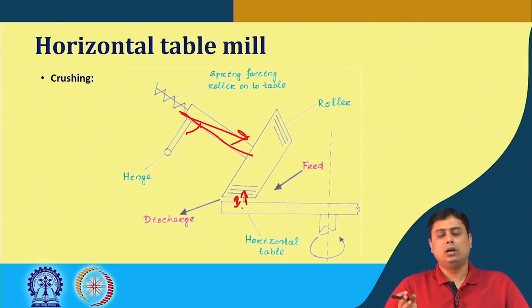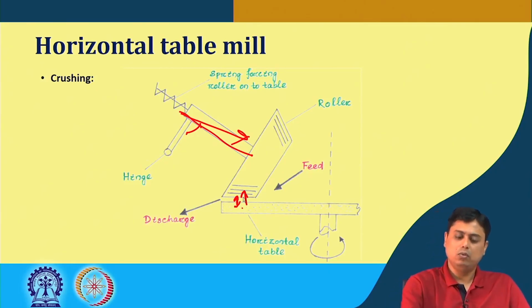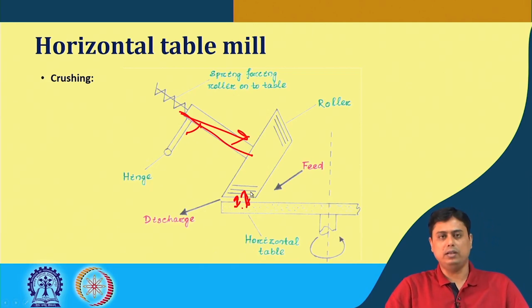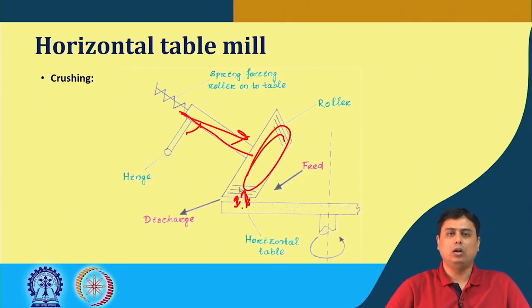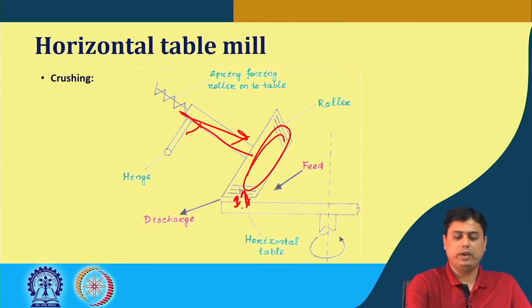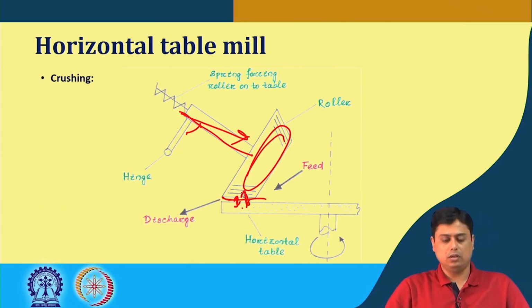So, based on the feed size and the product size distribution that is required, we can adjust this gap and have our desired size of the product. This spindle also rotates when the feed goes through this gap between this roller and this horizontal table.